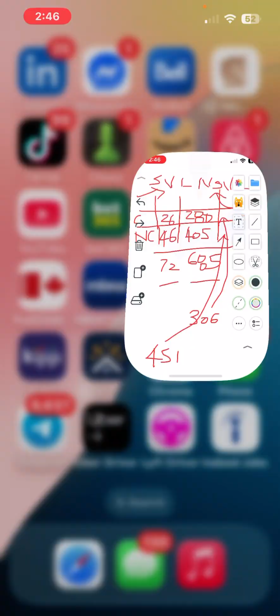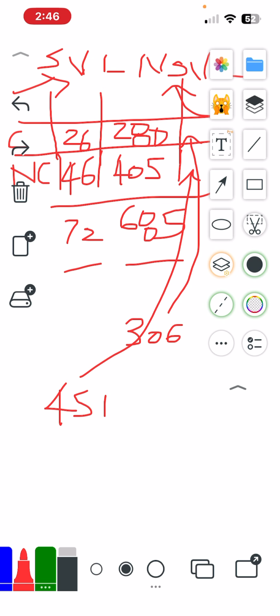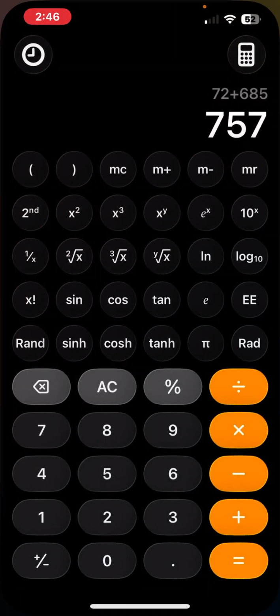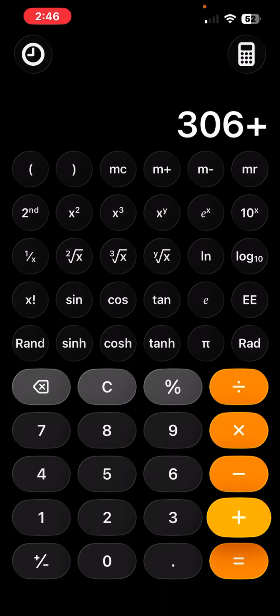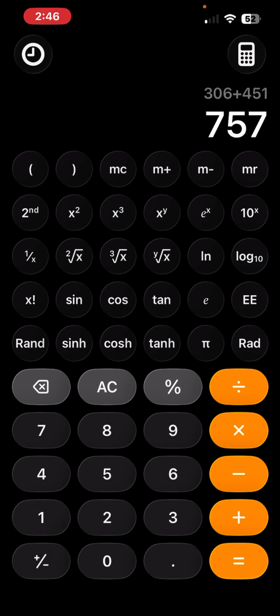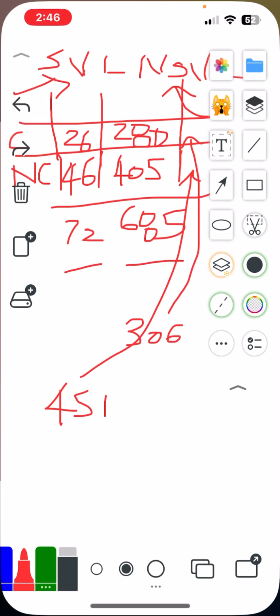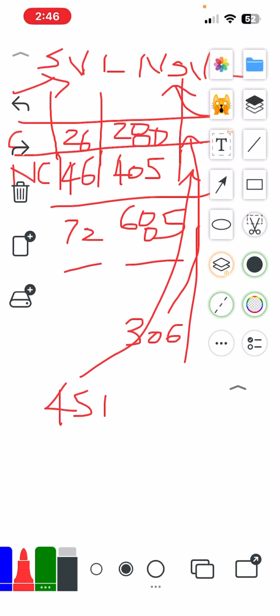And 306 plus 451 comes around 757 as well. So you'll type in this figure as 757.